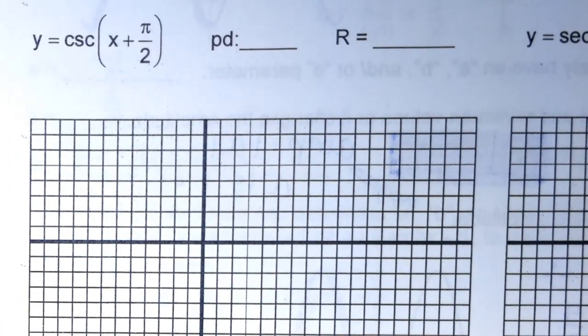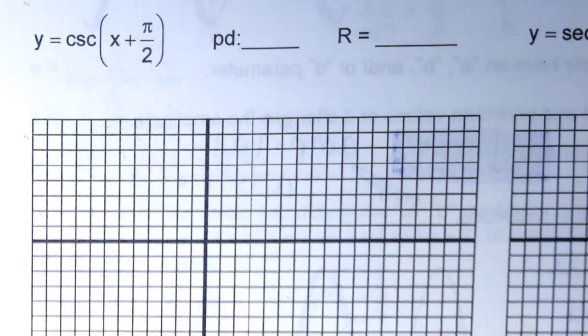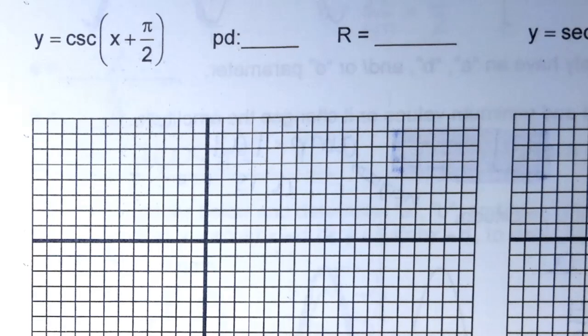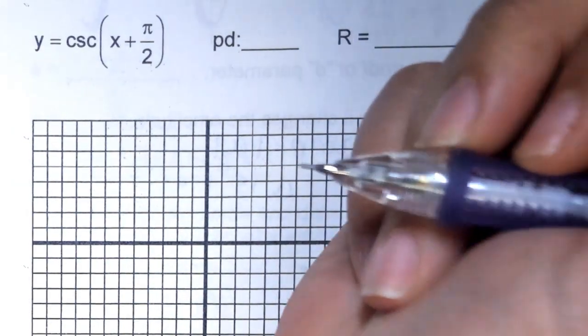Alright. For this next one, cosecant. Head up, write it down. Alright. Cosecant of x plus pi over 2 is the reciprocal of what?